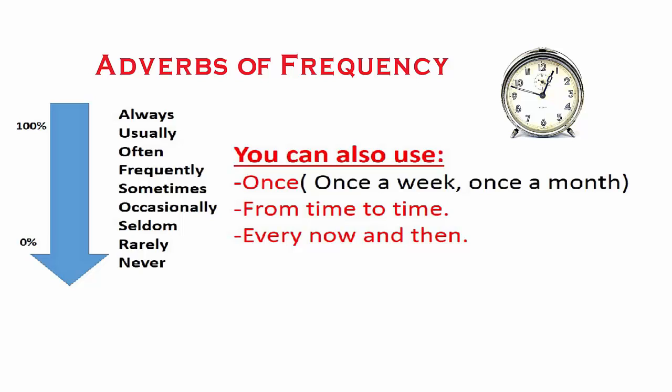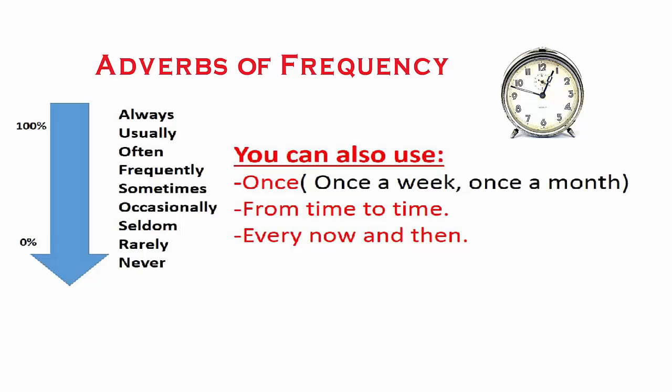Never means you don't do it at all. Some other keywords that you can use: once a week, once a month, once a year, from time to time, or every now and then.